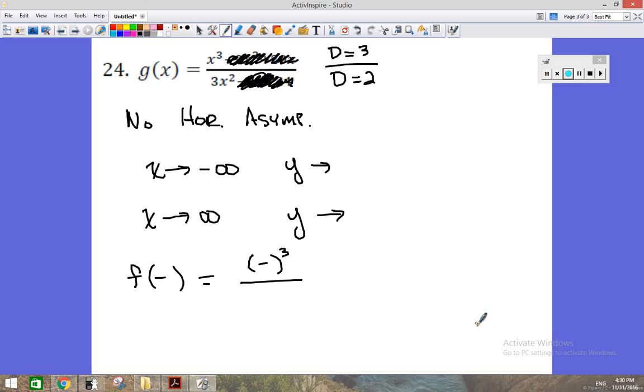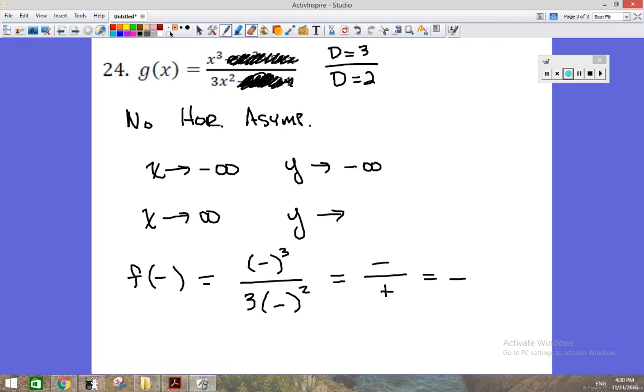I have a positive 3, and the x squared, well, I have some negative base raised to an even power. When a negative value is raised to an odd power, that's going to be negative. When a negative value is raised to an even power, it's positive, and a positive times positive is positive. And this ratio is negative. So as x is approaching negative infinity, I conclude that y is also approaching negative infinity.